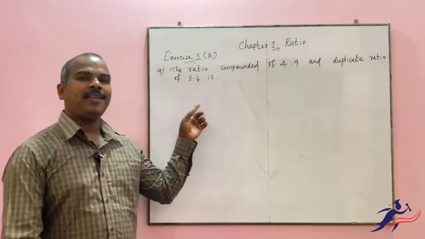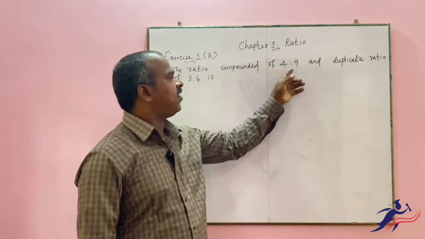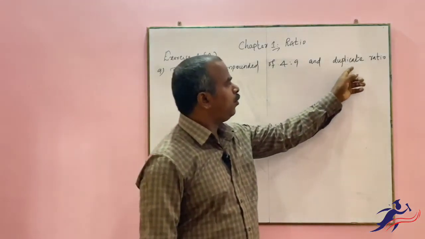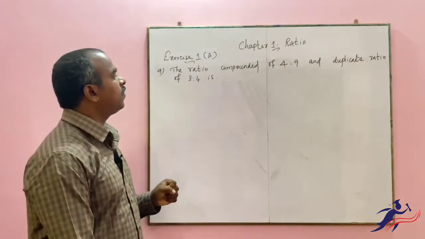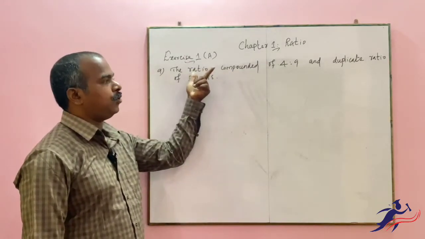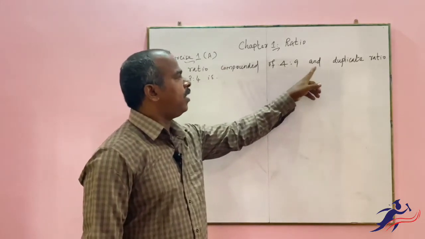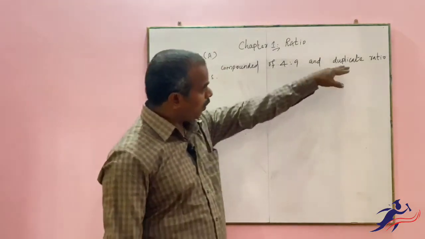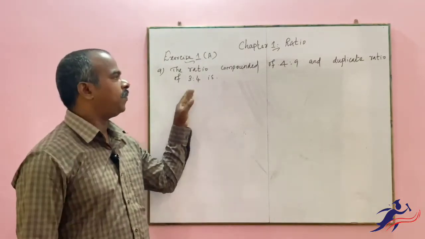Now question number 9. The ratio compounded of 4 is to 9 and duplicate ratio of 3 is to 4 is. Listen carefully. We are asked to find out the compounded ratio between the ratios 4 is to 9 and the duplicate ratio of 3 is to 4. You must understand the question carefully.